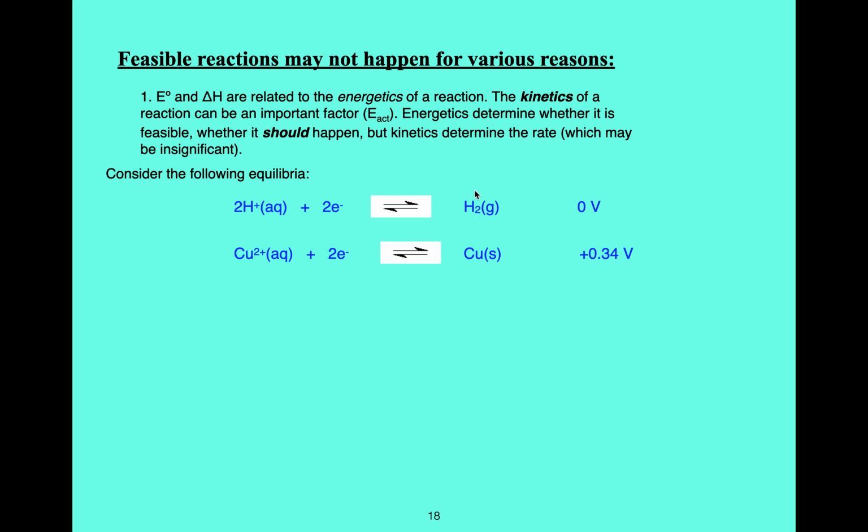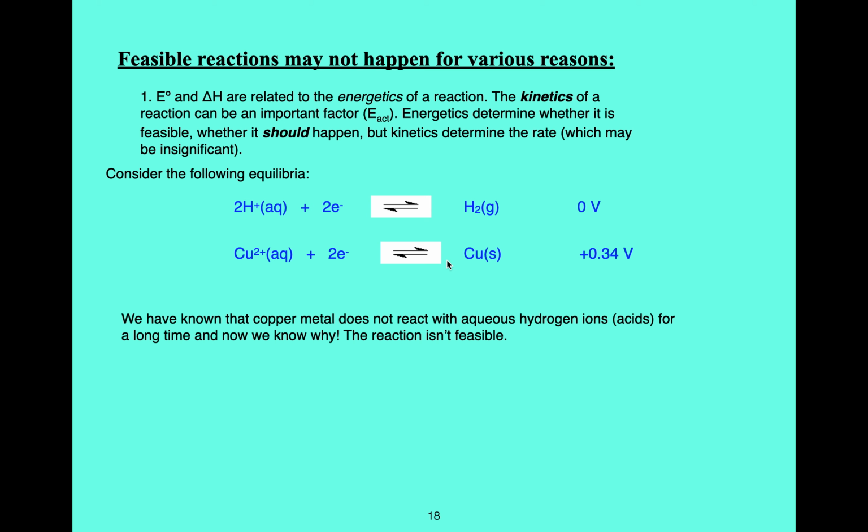What's the natural tendency here? It's for the hydrogen to become hydrogen ions and for the copper ions to become copper. So the natural tendency is opposite to the copper reacting with hydrogen ions. The more negative of the two electrode potentials will release electrons. The more positive will accept.